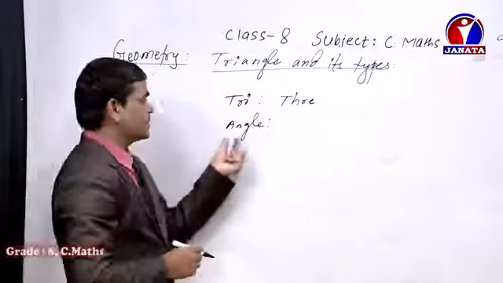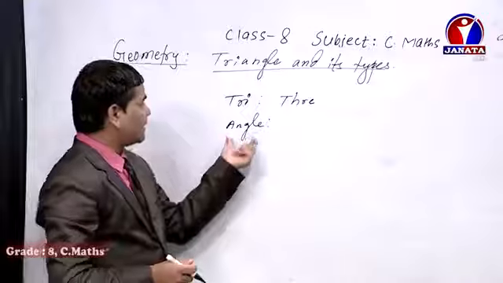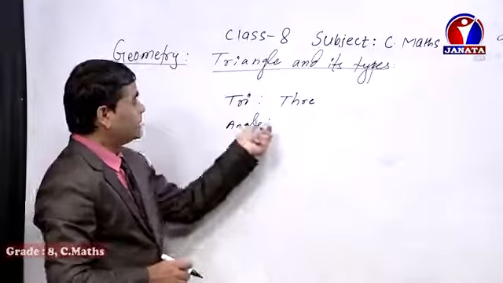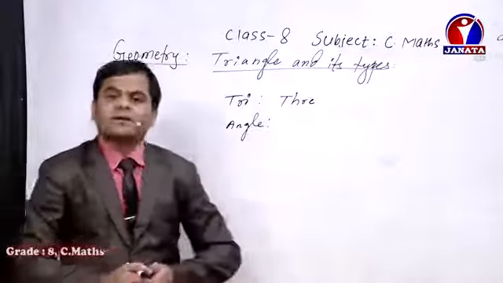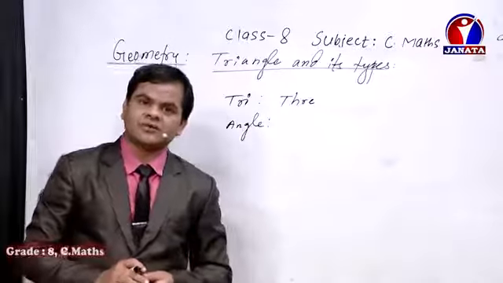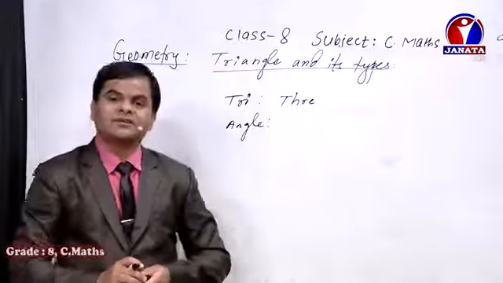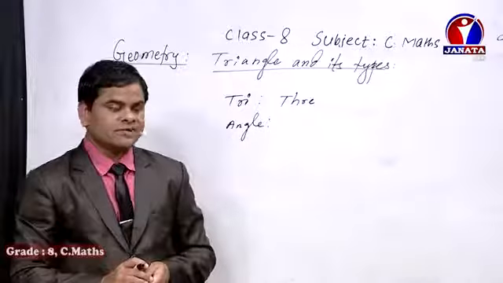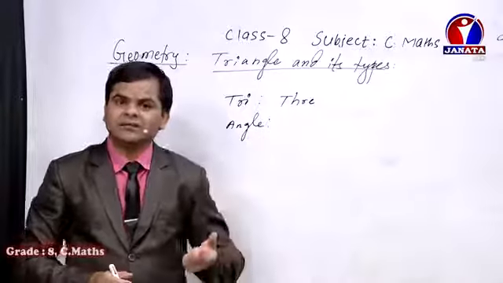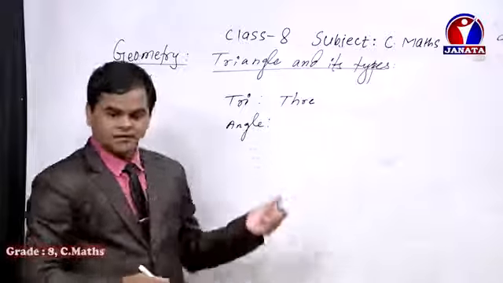Angle means the general angle. By combining together, a polygon that has three sides joined to each other, having three vertices, is known as the triangle. A polygon having three sides and three angles is known as the triangle.